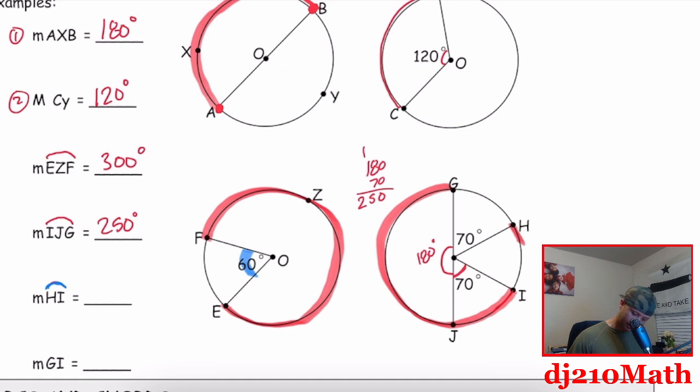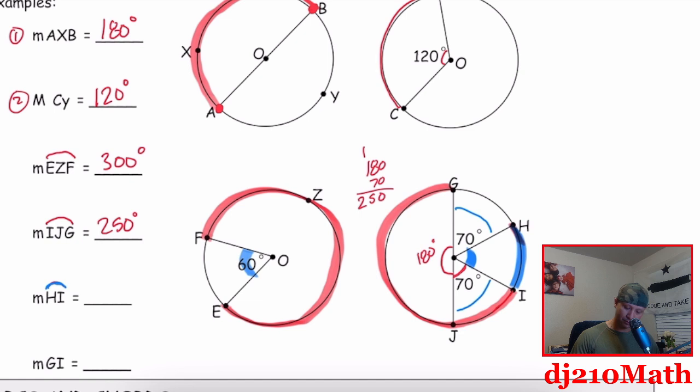So HI is going to be this section right here. It's going to be equal to this central angle, so we have to figure this out. The only thing we have to go off of is that this is 70 and this is 70, and everything needs to equal 180.